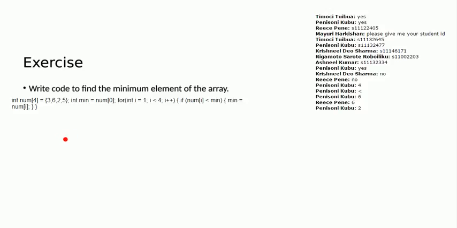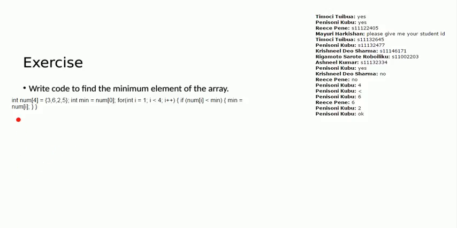So 6 is less than, what was our min? 3, right? Initially, we have given the value 3 to min. Min is equal to the first index 0, which is 3. So 6 is less than 3, false, right? So we don't do this. Still our min is 3.